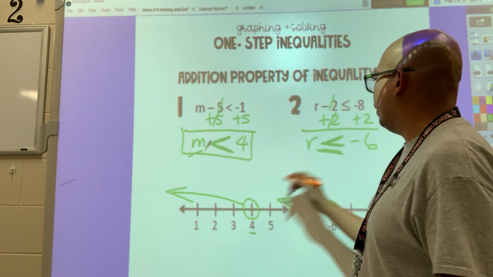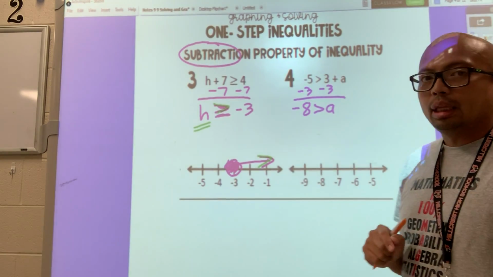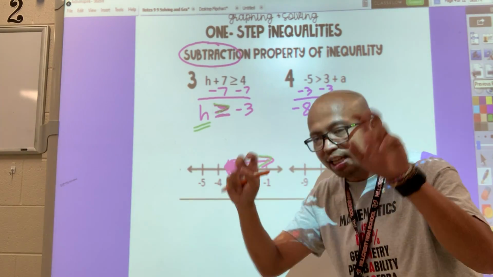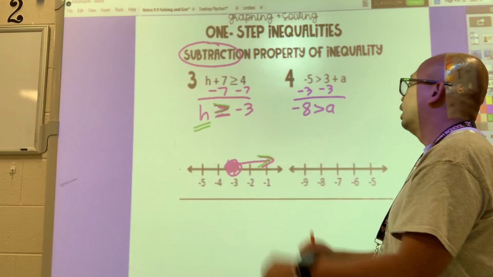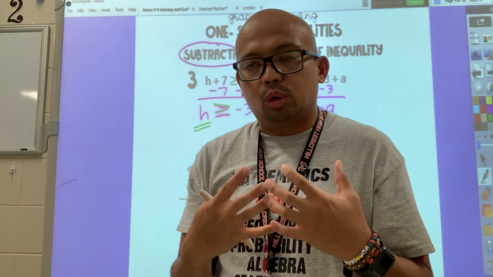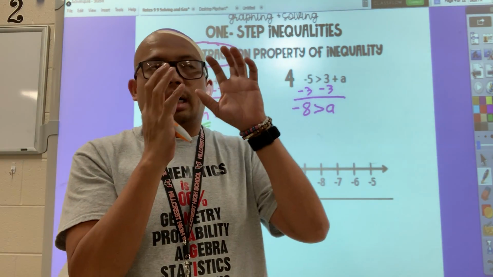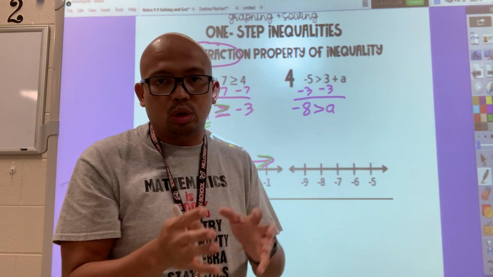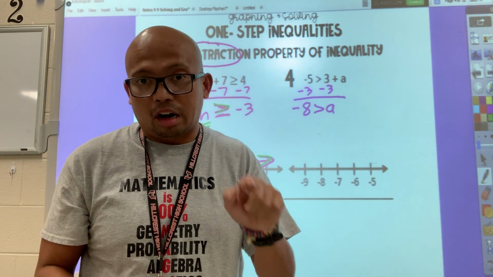So here, we do not apply the friendly advice that negative 8 greater than A is going to the right. As friendly advice, we always make the variable be on the left side to make it uniform, and we can use the guide that wherever the inequality is pointing, that's where the graph goes.